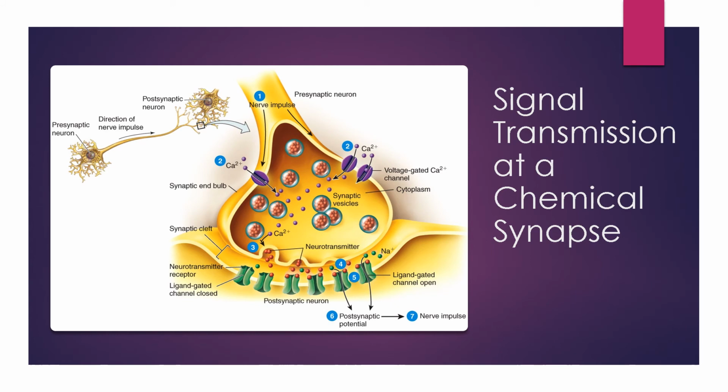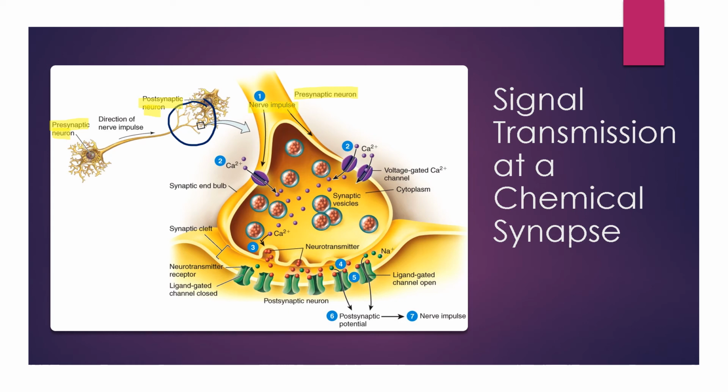So here we have a chemical synapse, which is axodendritic. As we can see in this little picture, we have the axon of our presynaptic neuron having a synapse with the dendrites of a postsynaptic neuron. The action potential has reached the axon terminal in the presynaptic neuron, and the nerve impulse has reached the end bulb.